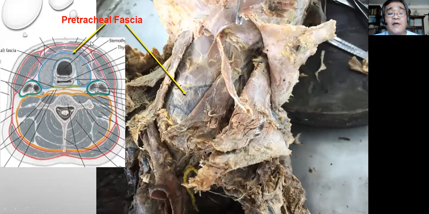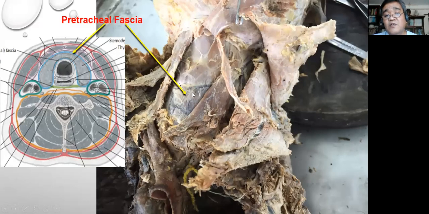This is a photograph showing you the pretracheal fascia, which covers your thyroid gland. This is the pretracheal fascia here, the one in the blue line. Okay, that's the pretracheal fascia.